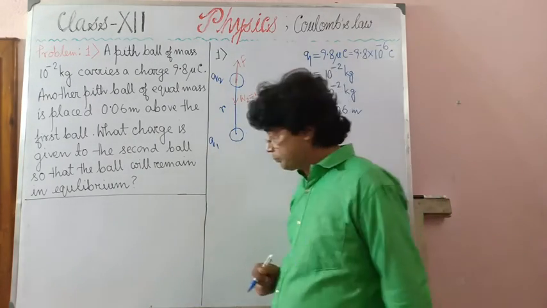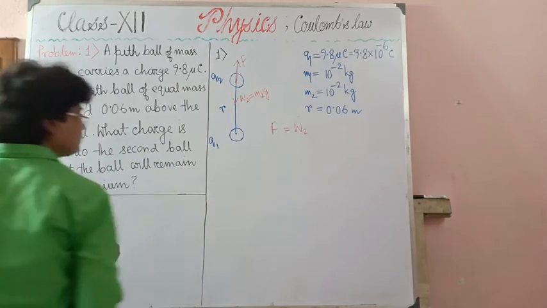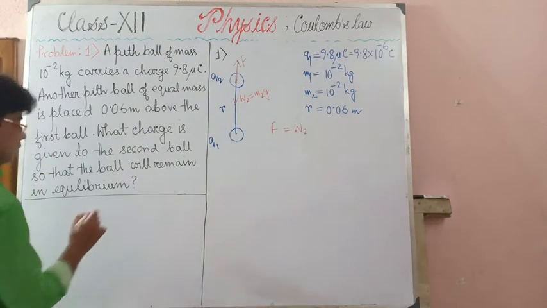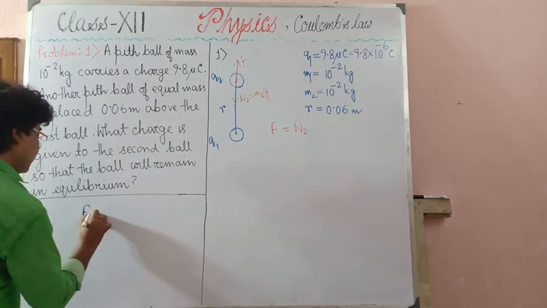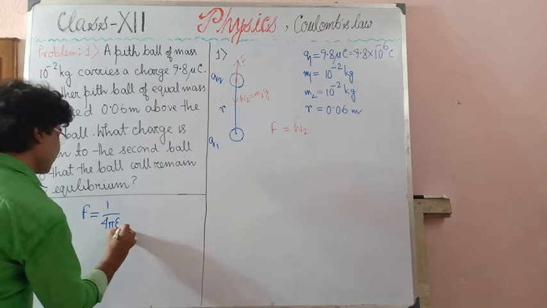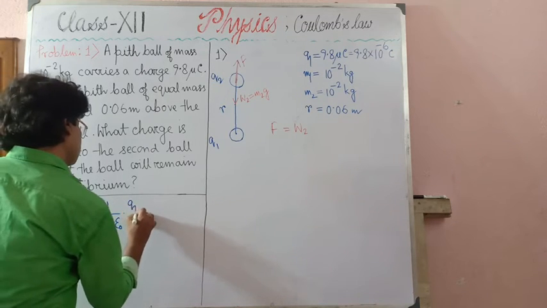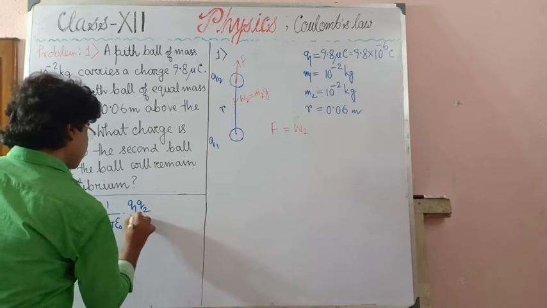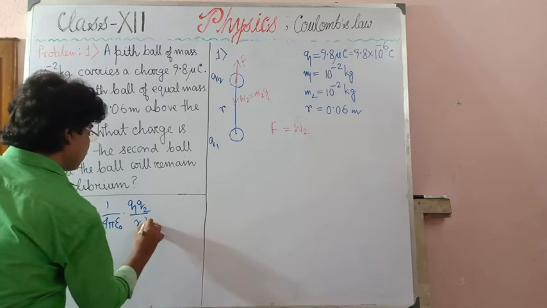We know from Coulomb's law that F equals 1 by 4 pi epsilon 0 Q1 Q2 by R square.